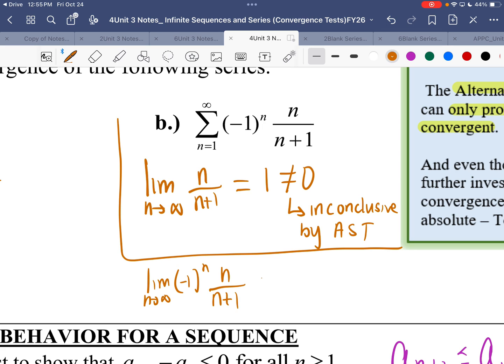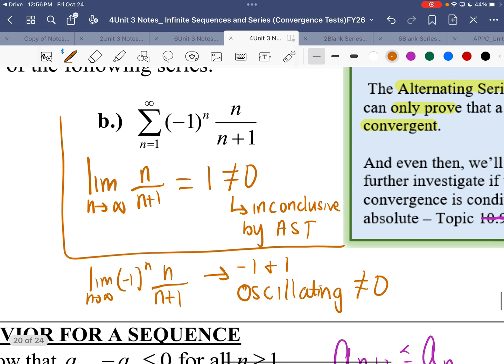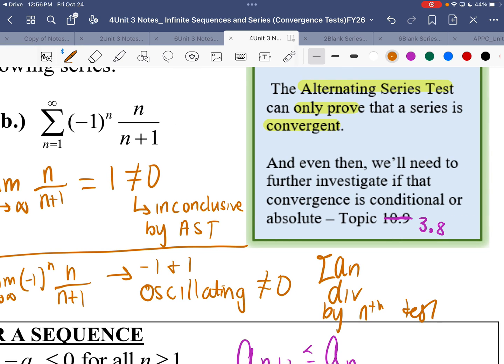So this is going between -1 and +1. It's oscillating. Divergence. So you're saying it's oscillating, and that means that's not equal to 0. So because the limit of the entire series doesn't equal 0, then the series diverges by the nth term test for divergence.